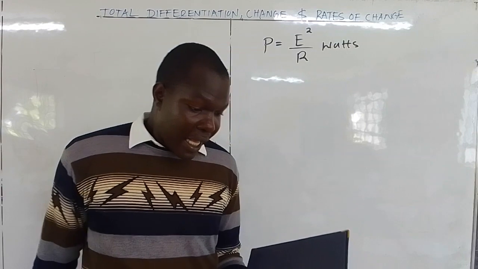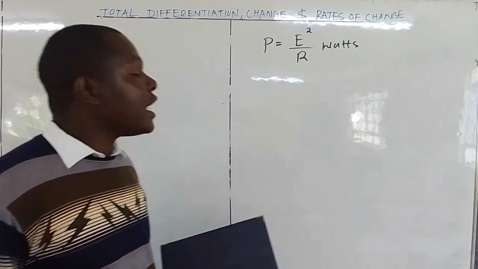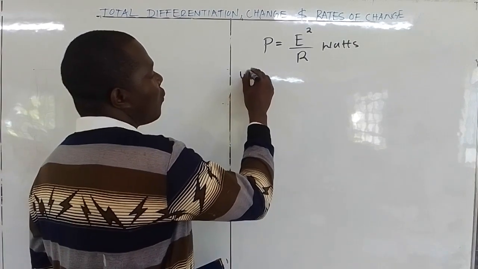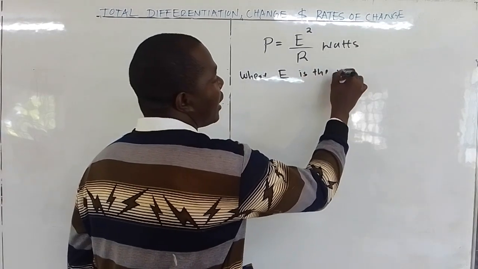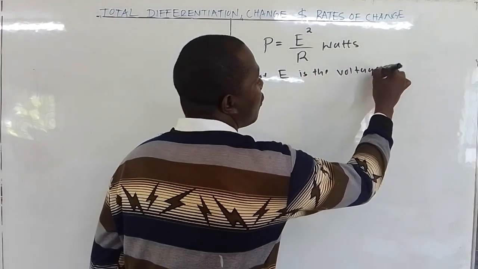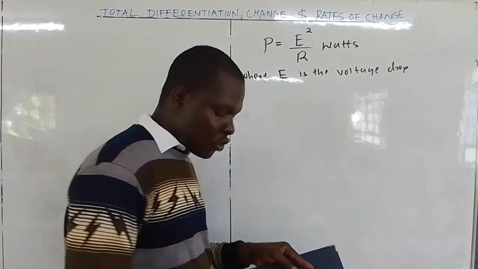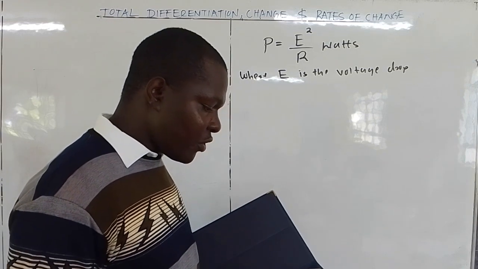Where E is the voltage drop across the resistor, and it is in volts.